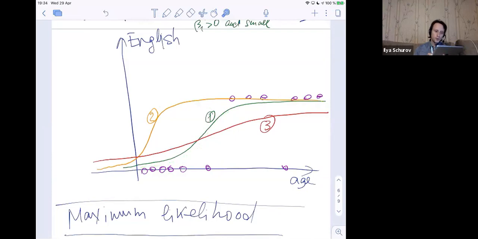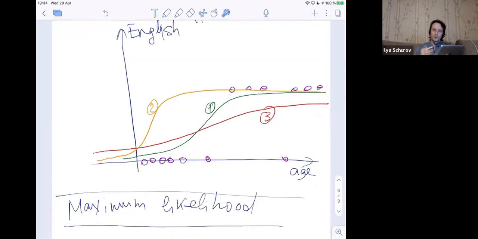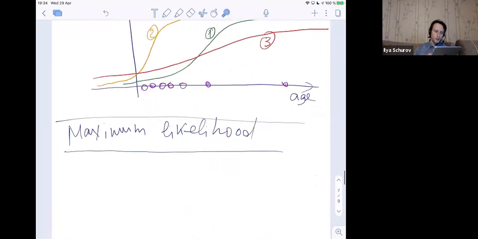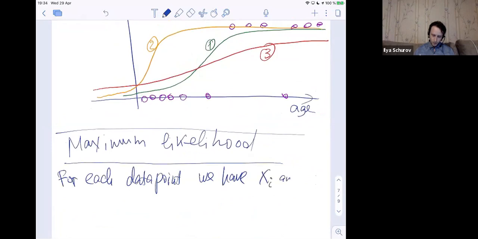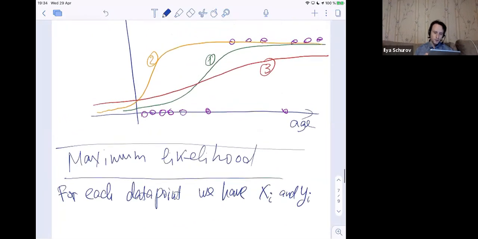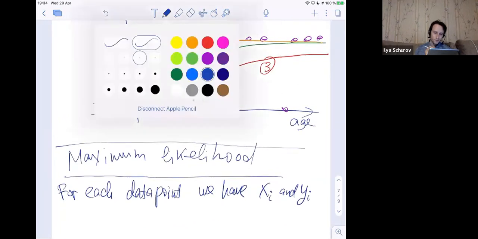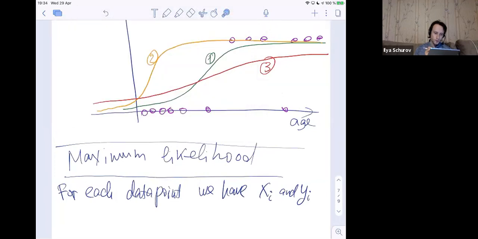But let us try to formalize this intuition. Our intuition is the following. For each data point, we have xi and yi. Let us consider some particular data point. Let me put some numbers on the graph.